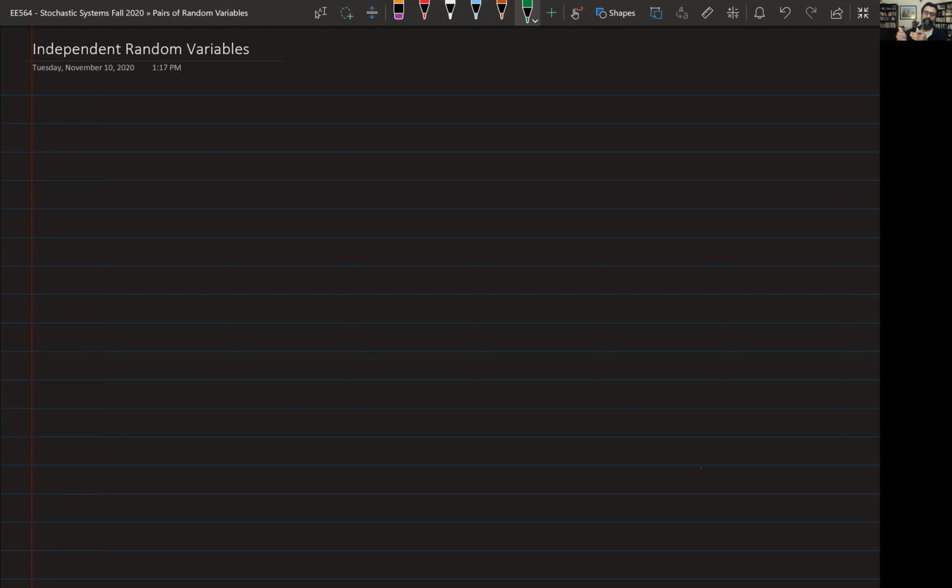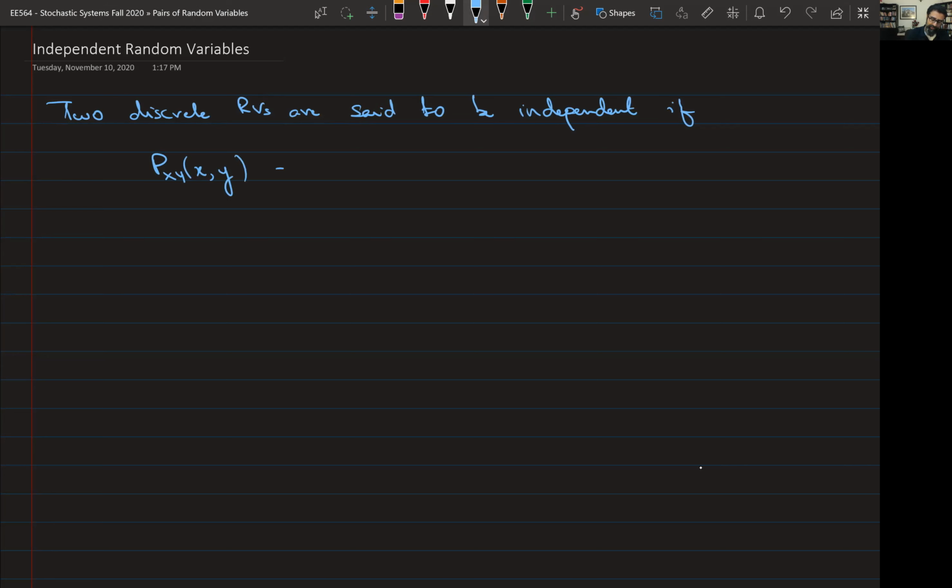Now we want to go a step further and go from events to say something about statistical independence between two random variables. Okay, so two discrete random variables are said to be independent if this joint PMF turns out to be equal to the product of the marginal PMFs.